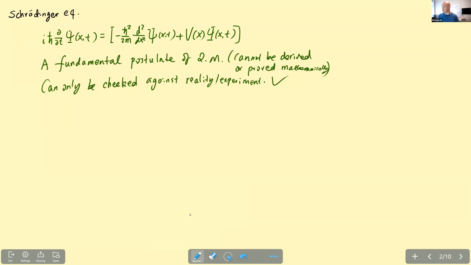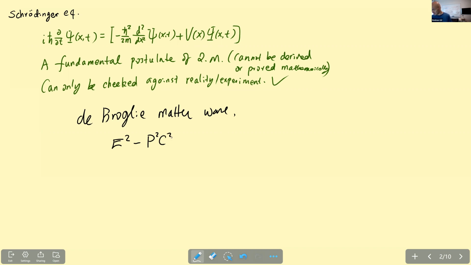So if we remember, when we have the de Broglie matter wave, we know that there's a writing of the energy that is E squared minus momentum squared, p squared, equals m0 squared c to the power 4.